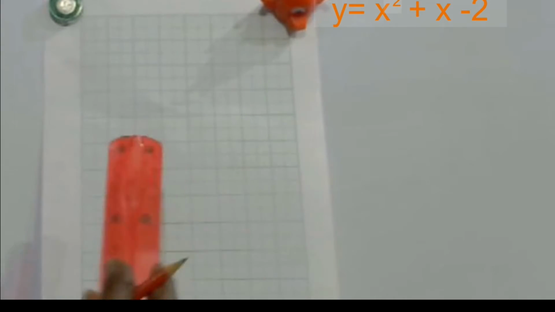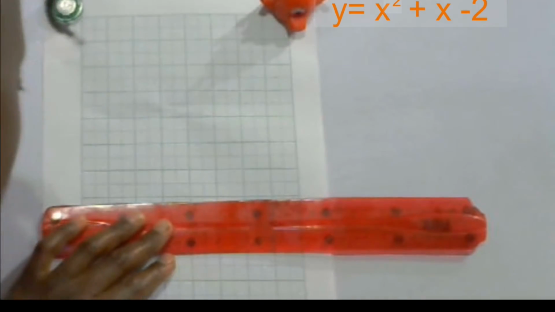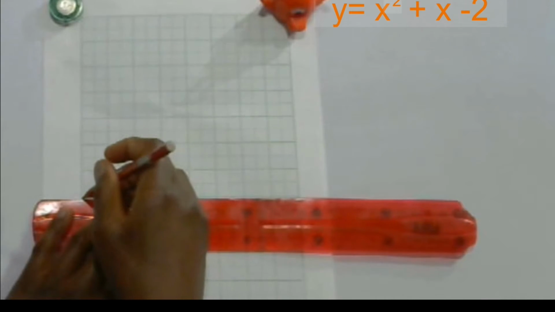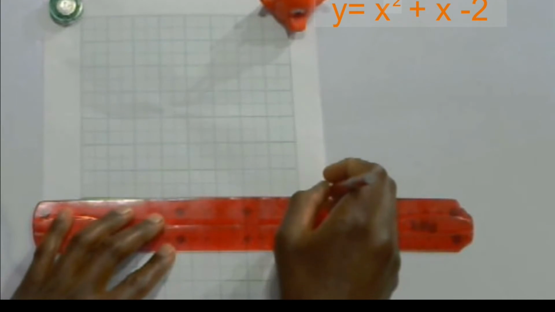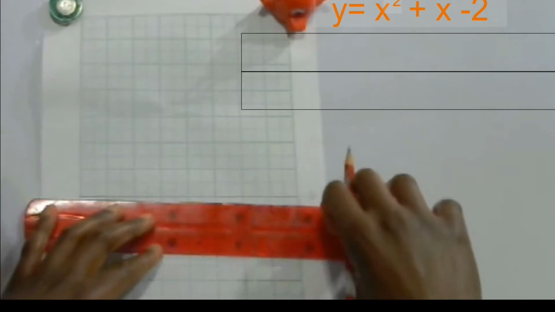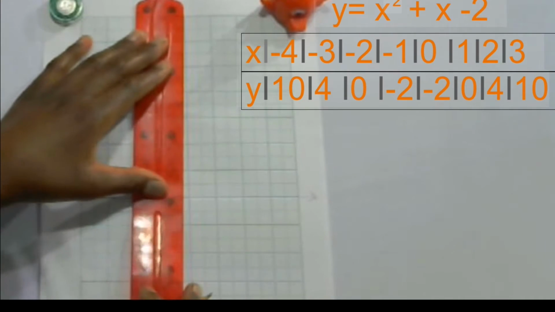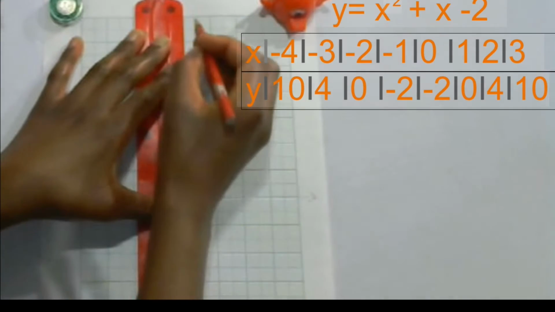So we'll use 2 centimeters to represent 2 units.